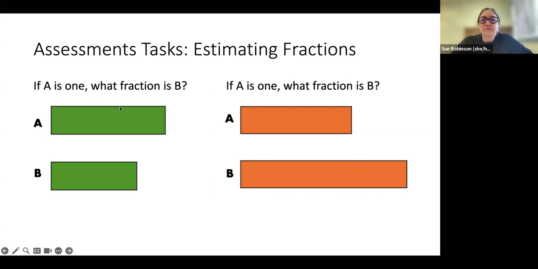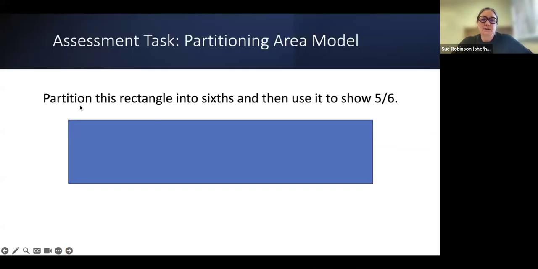And then, what if the smaller rectangle is 1? What fraction would B be? So some quick and easy tasks that just allow you to understand where your kids are at with these different concepts. And students need to have experience partitioning the wholes themselves.